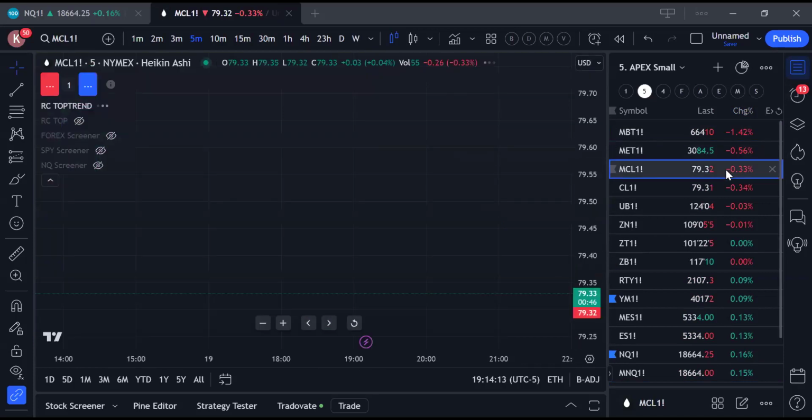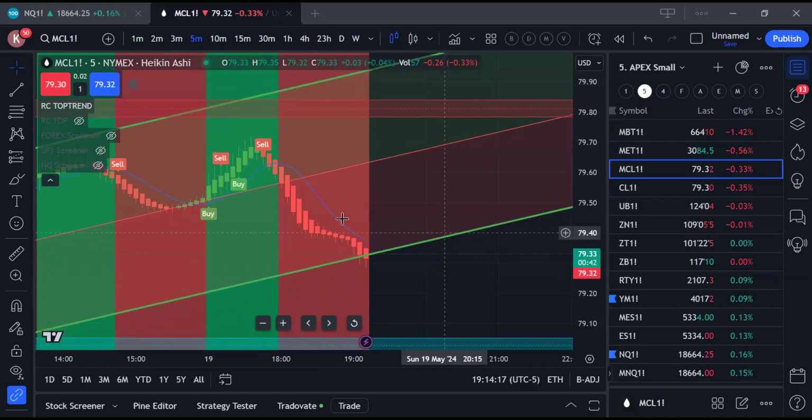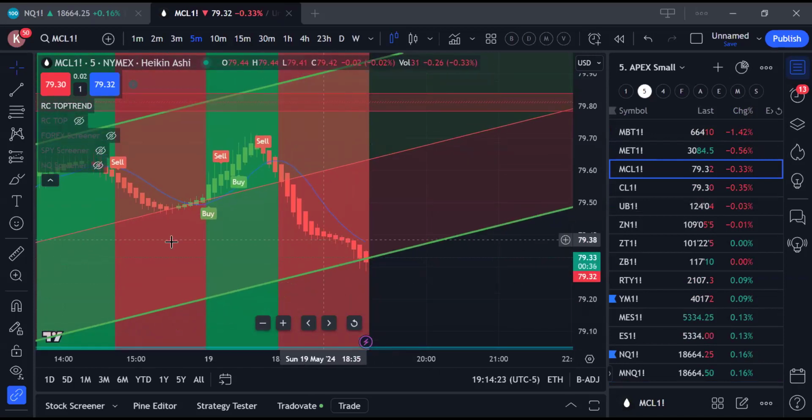For example, crude oil. Overall, crude oil is very bearish. So we'll wait for the sell signals. As of now, it is choppy. Since it started, the first 1 hour it was bullish, the next 1 hour it was bearish.